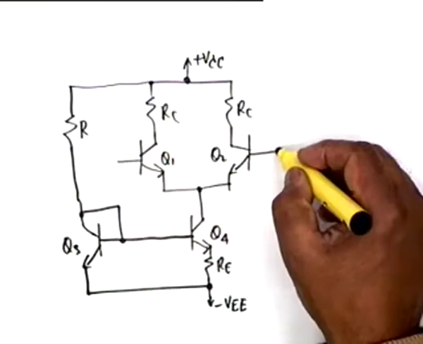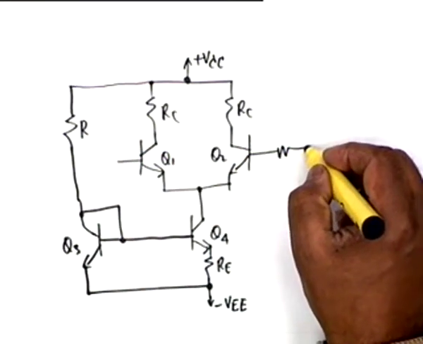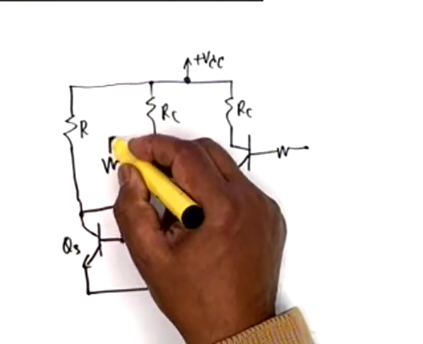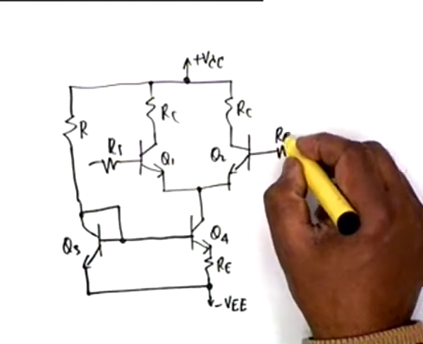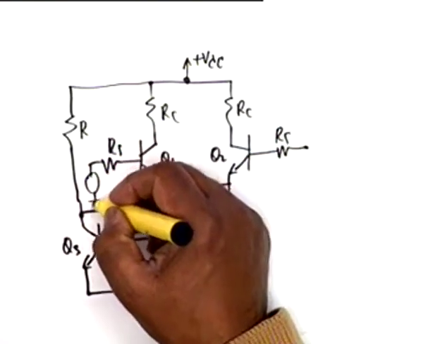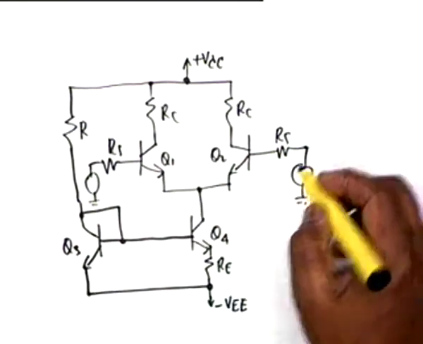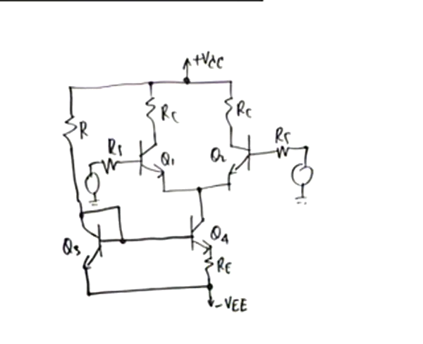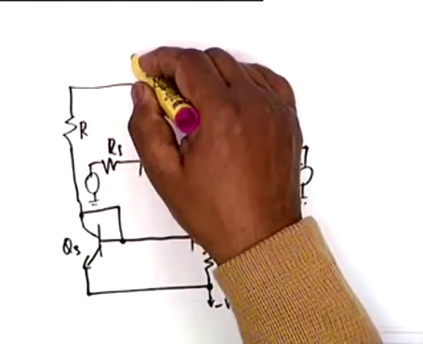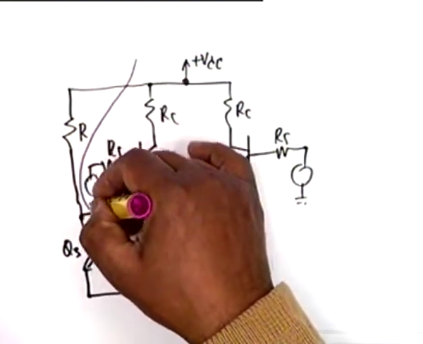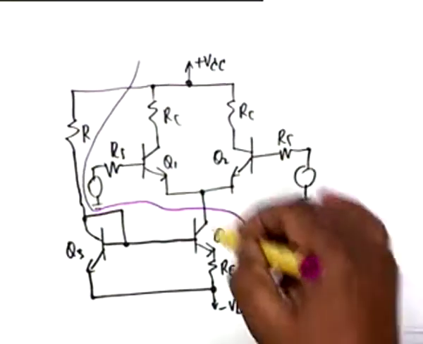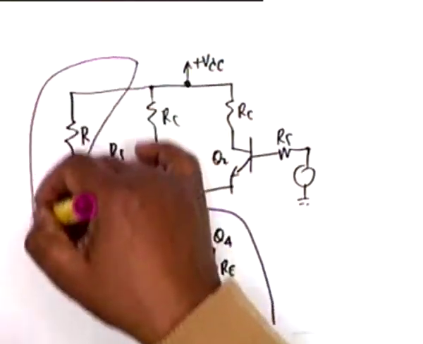The bases are connected to the sources, RS, and whatever source, VS1 and VS2. You see, what I wanted to show you is how R sub E is used. This is the circuit, that is R sub E.